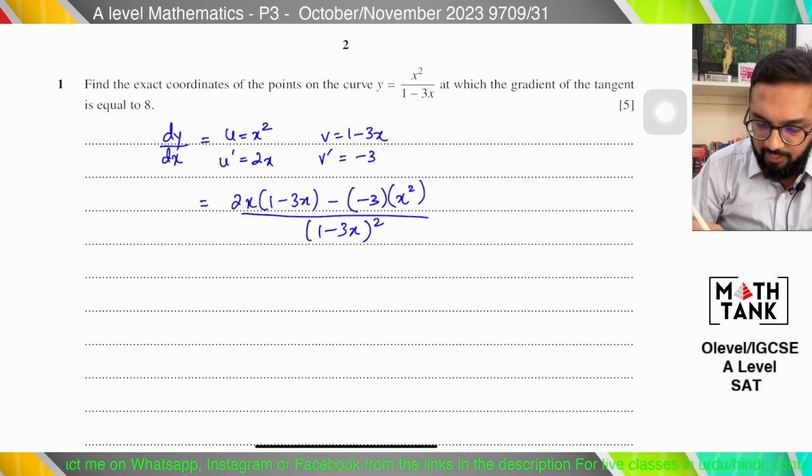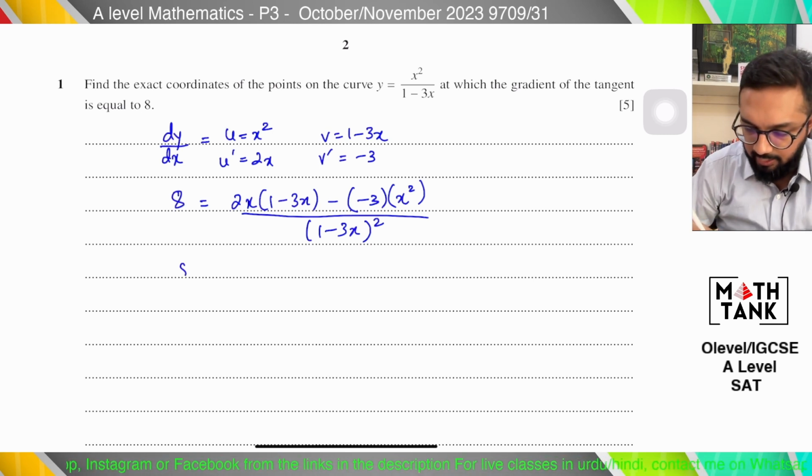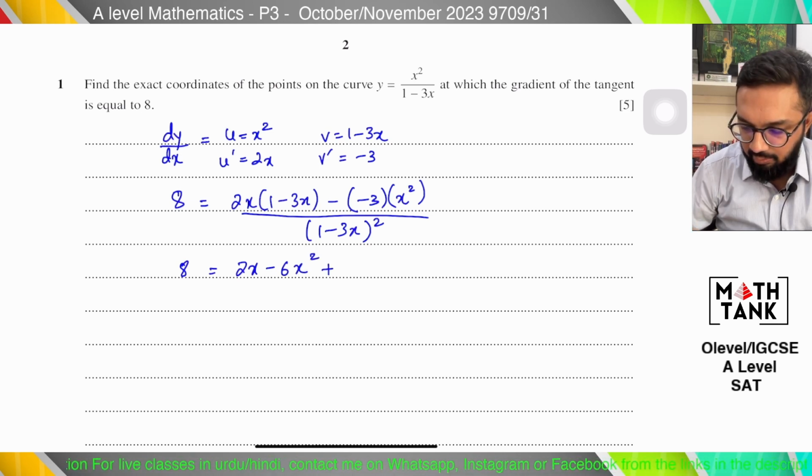I want to figure out when the gradient is equal to 8. So equals to 8, 6x squared plus 3x squared over 1 minus 6x plus 9x squared.